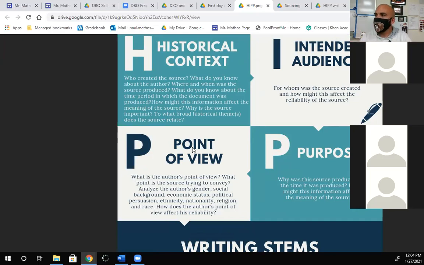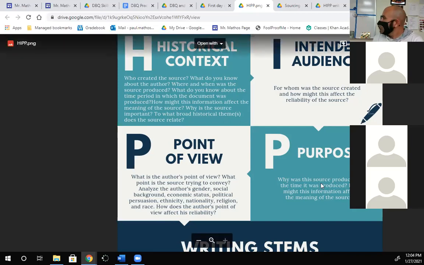The source of the information matters. Different experiences, levels of education, rankings, levels of power, influence. Yeah, that's all true.